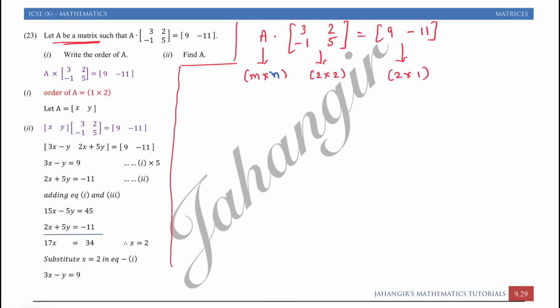Now we have to find the m and n values. By looking at this, the number of columns of matrix A should be equal to the number of rows of this matrix. So therefore n is 2.